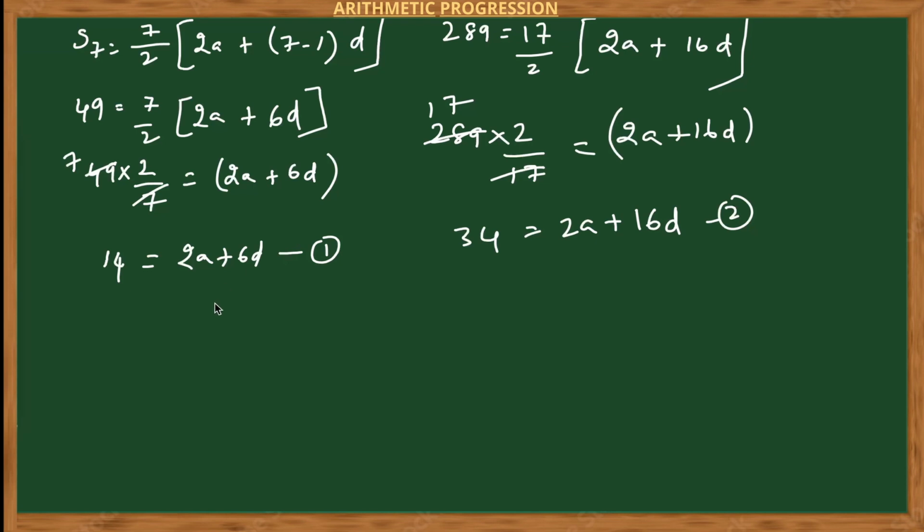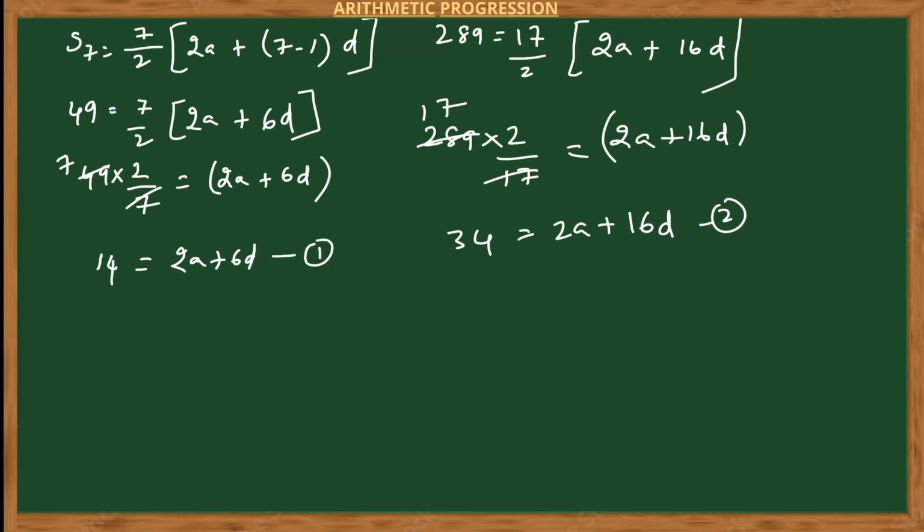Okay, so let's solve these two equations. 2a plus 6d is equal to 14. We have another equation, 2a plus 16d is equal to 34.